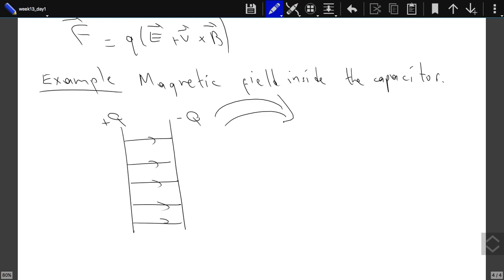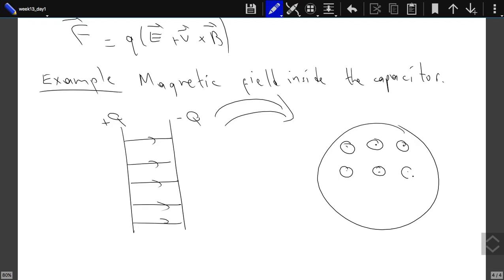The plates are circular, just for simplicity. And let's say with this view, the electric field line is pointing towards you. The electric field is uniform. It's pointing towards you.